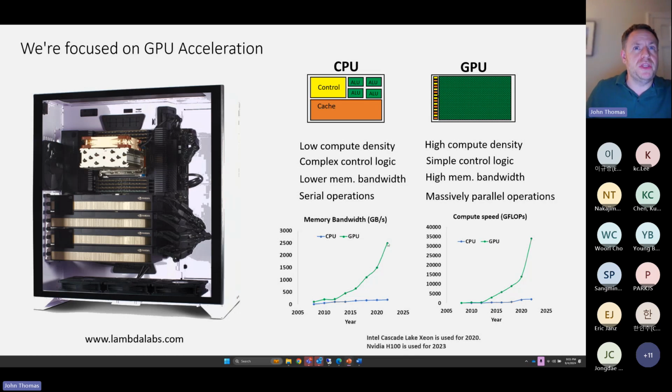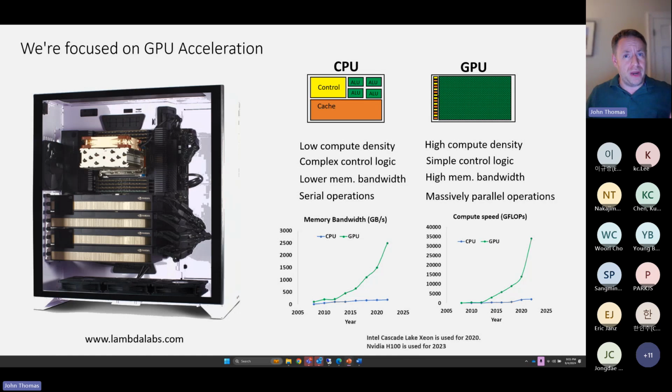Likewise, one good GPU can shuffle memory back and forth 30 times faster than one good CPU can with the memory on the motherboard. So one good GPU can typically do the same amount of science or the same amount of calculations as several hundred CPUs.